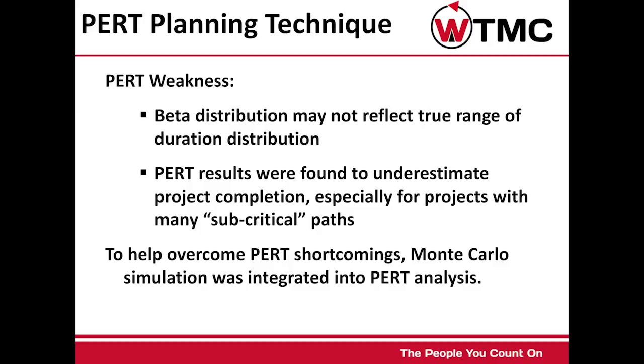Forward and backward pass is carried out numerous times, hundreds or thousands of iterations, to understand the variability of activity and project durations. The use of Monte Carlo with PERT has benefited from computer applications.